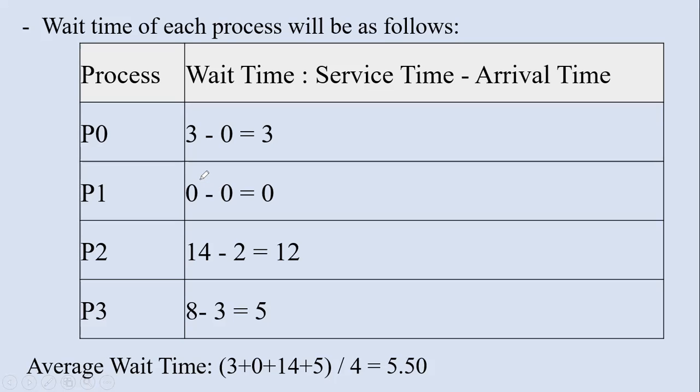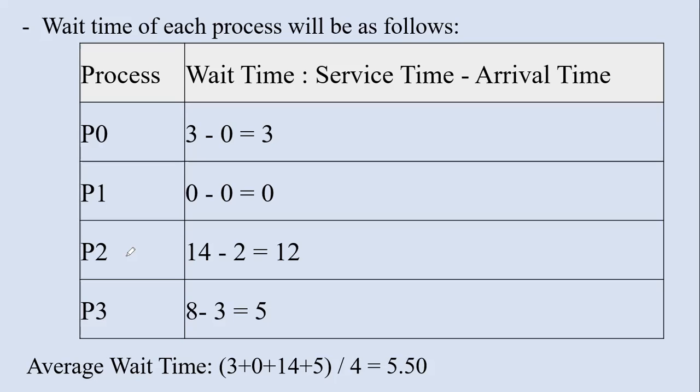And therefore, its service time will be 0 minus arrival time, which is 0, and that will give 0. Process P0 will start being serviced at time 3 once process 1 is through. And its arrival time is 0, so the waiting time will be 3 minus 0.